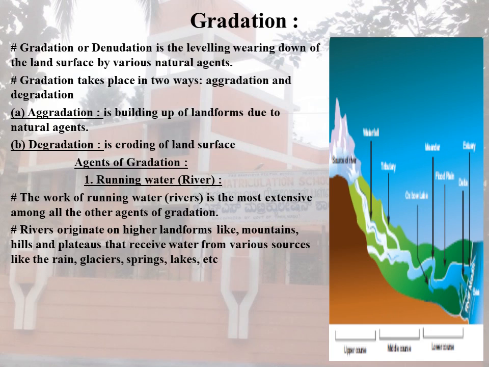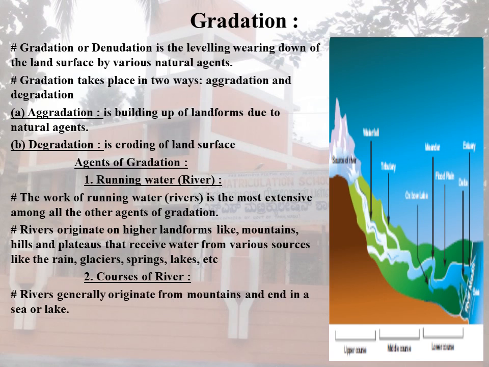You can see it in the textbook page number 169. So the next is course of a river. The rivers generally originate from mountains and end in the sea or lake.